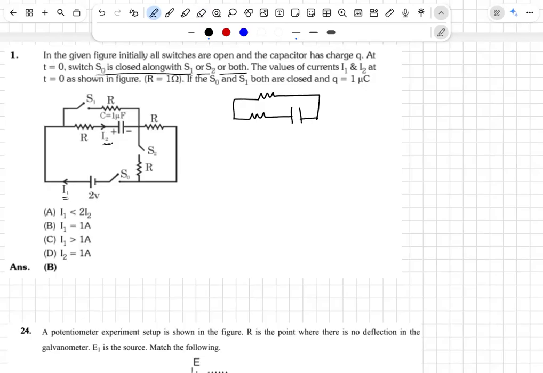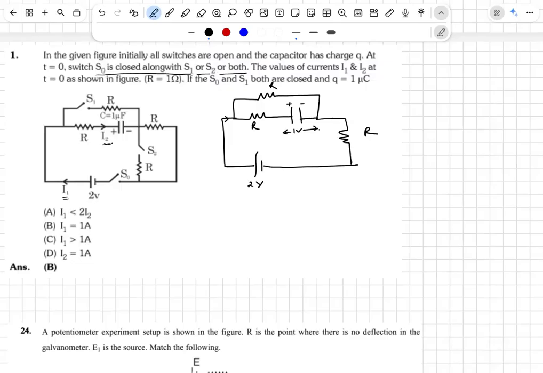S2 is not closed, or 2 volts, or at that instant the drop is 1 volt, plus minus, right? So now what will happen?